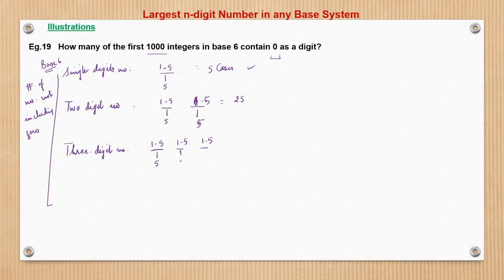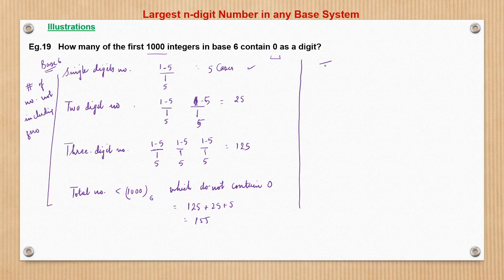So 5 times 5 times 5, 125. So total numbers less than 1000 in base 6 which do not contain 0 is 5 plus 25 plus 125, which is 155.